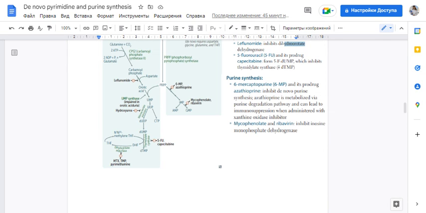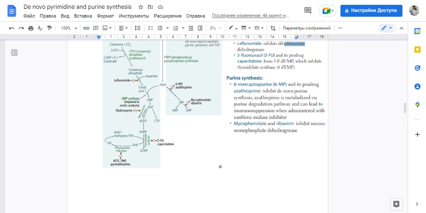To form dTMP from dUMP, we have to use tetrahydrofolate. Its active form is called N5,N10-methylene tetrahydrofolate, and it converts dUMP to dTMP and is itself converted to dihydrofolate.